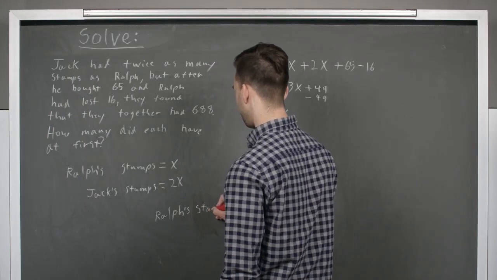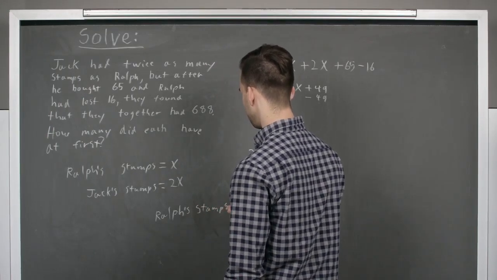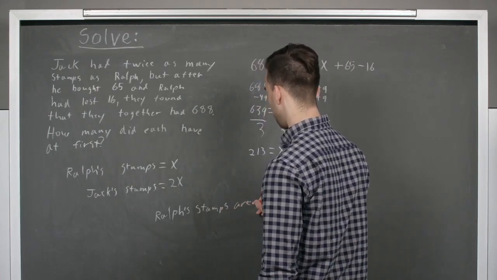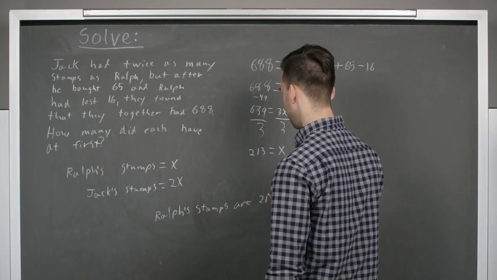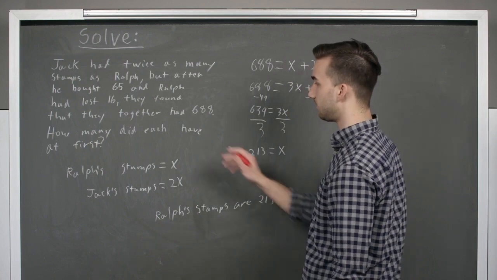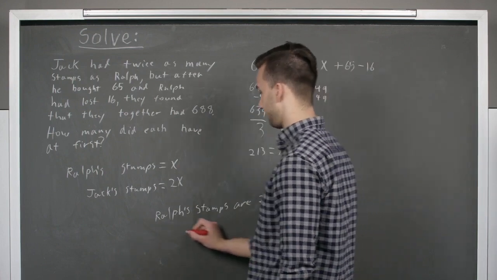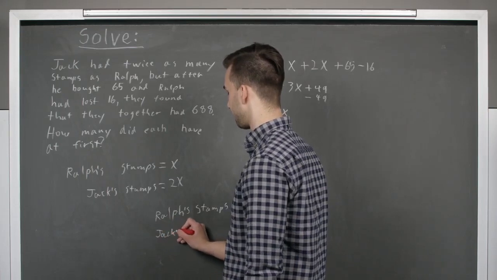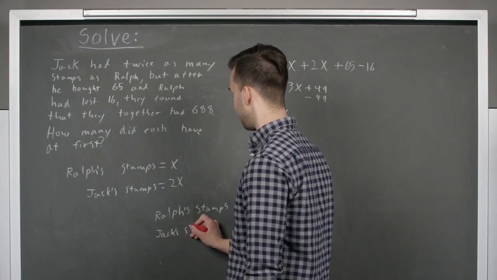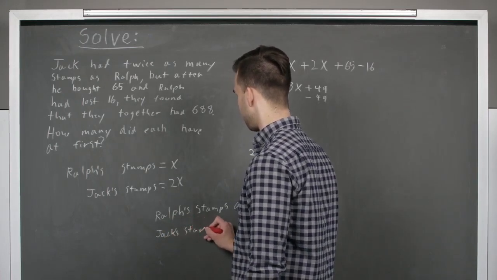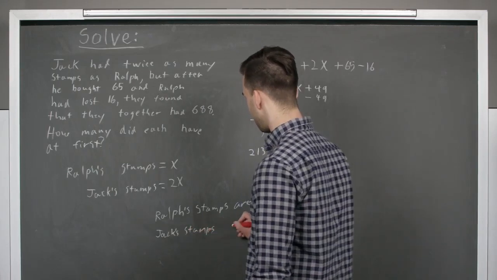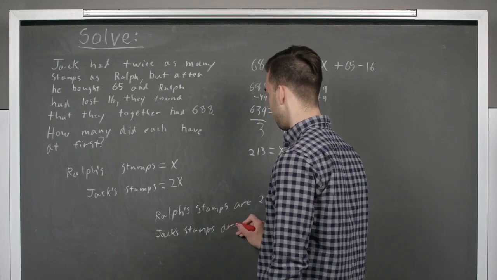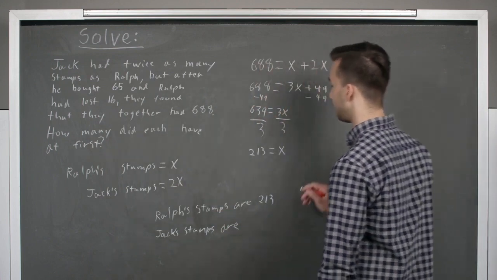So Ralph's stamps are 213. And we also need Jack's stamps. So Jack's stamps are, so Jack has 2x stamps.